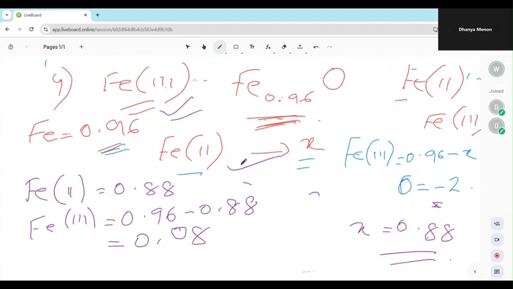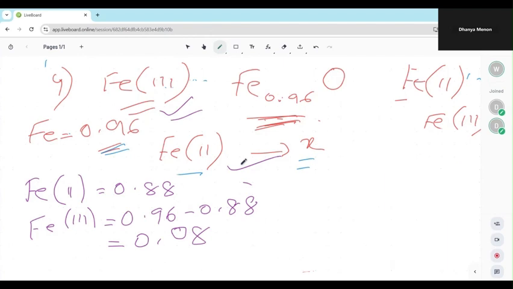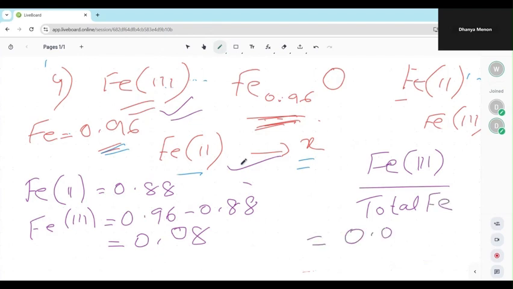We have to find the fraction of iron 3. Okay, how do we find a fraction? Fraction is the amount of iron 3 present in this case, because they have asked for iron 3, by the total amount of iron present in that compound. So how much of iron 3 is present by how much total amount of iron we took? 0.96.